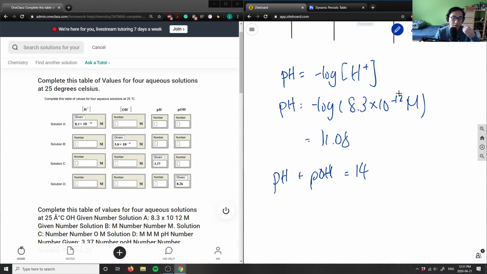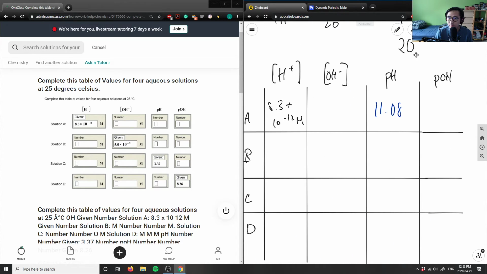So if my pH is 11.08, my pOH is simply 14 minus my pH, which is 11.08. So pOH would equal 2.92, right? 2.92 would be my pOH here. That's good.